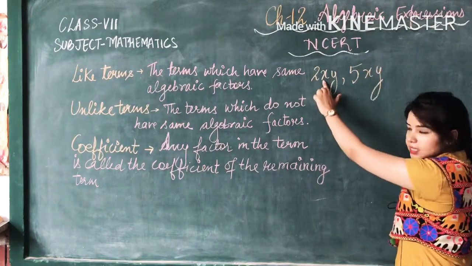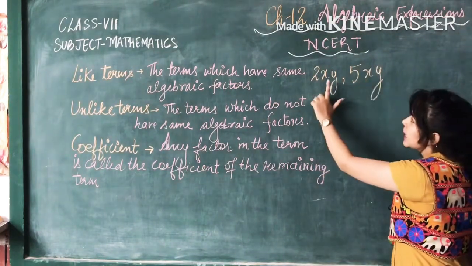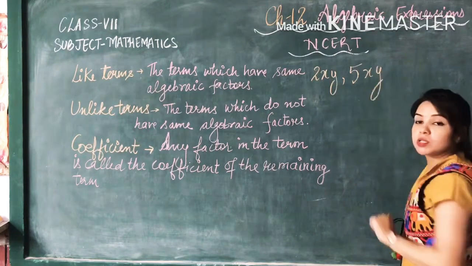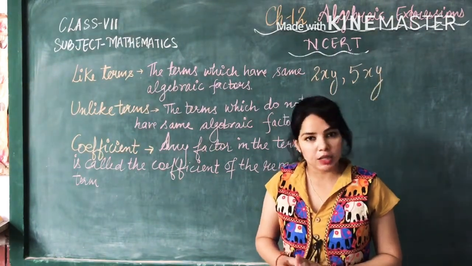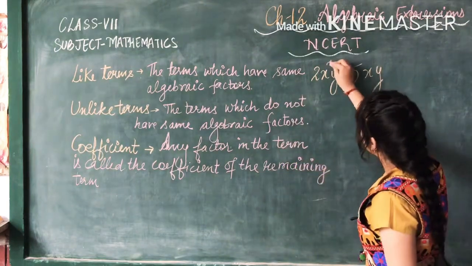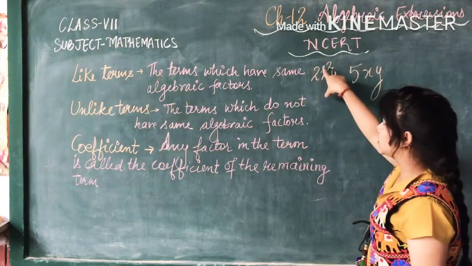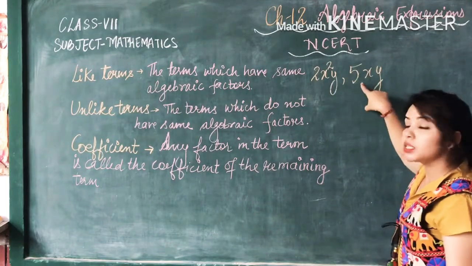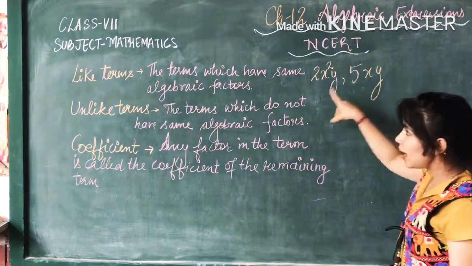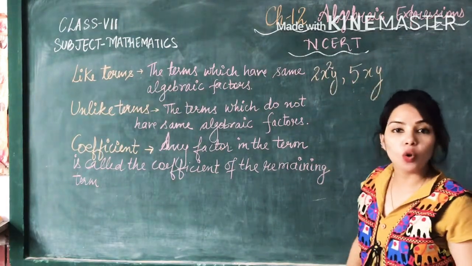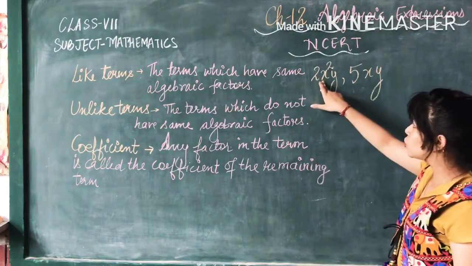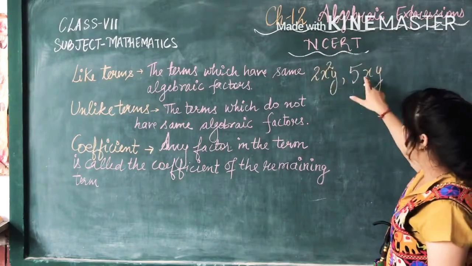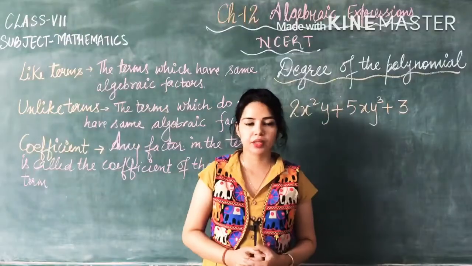This term has x, this term also has x, this term has y, this term also has y. That means they are like terms. Suppose I put a square here, 2x square y, and the other term is 5xy. Are they still like terms? No, they are not, because here we have 2x square and here we have 5x.